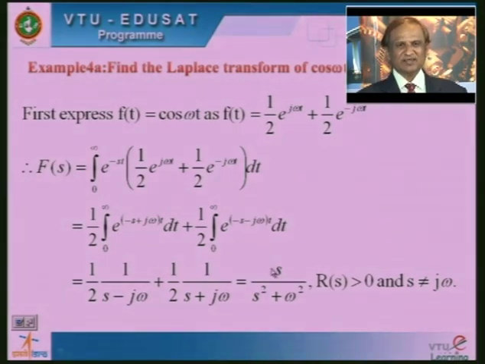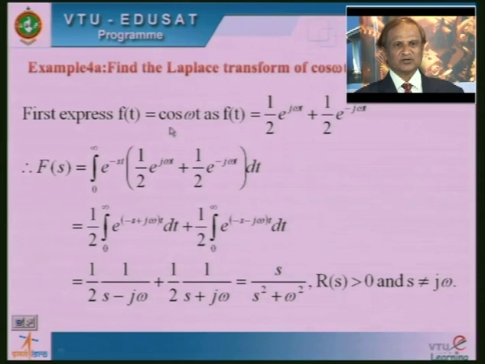It is very simple, s divided by s square plus 3 square, simply I want to replace omega by 3, right. So if it is minus 4, then you replace omega by minus 4, s divided by s square plus minus 4 to the power 2. Is it clear? If it is 10, then you can write down s divided by s square plus 10 square.